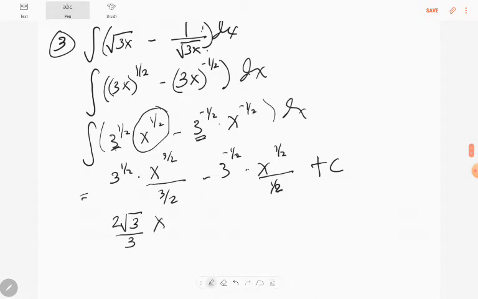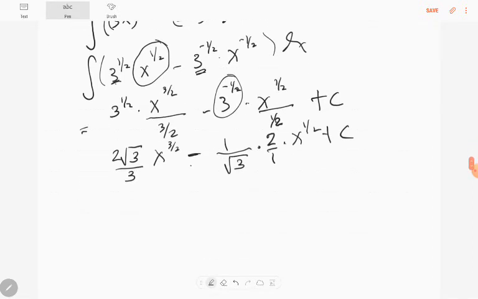x raised to 3 halves times this one. We can make this positive, right, by getting the reciprocal. So you have minus 1 over square root of 3 times the reciprocal of 1 half, which is 2 over 1, times x raised to 1 half plus c.